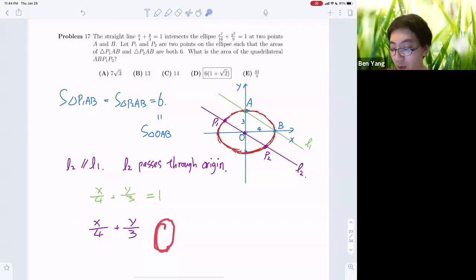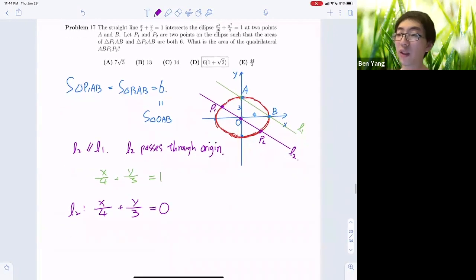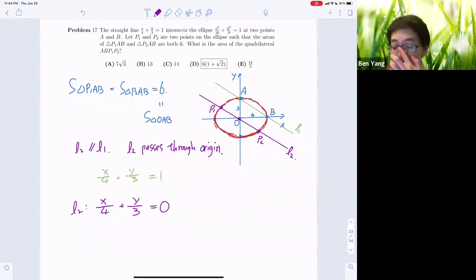Since the origin is on L2, we know that when x is equal to 0, y is equal to 0, then the equation should be true. So that's why we need to put a 0 on the right-hand side. Okay, now we have the equation for L2. And our next task is to find the coordinates for P1 and P2.